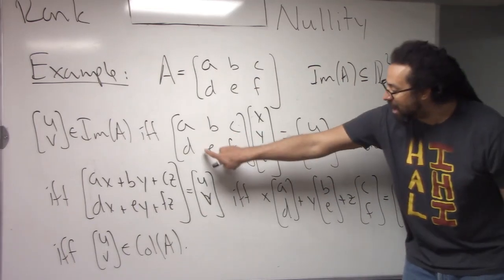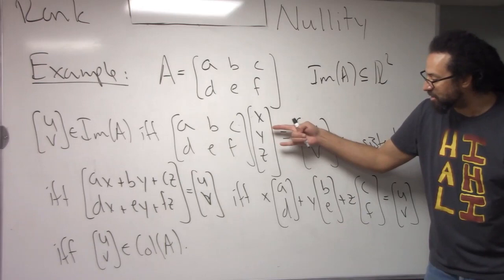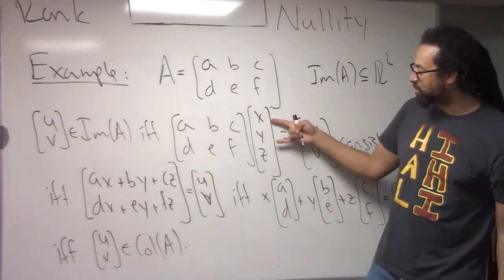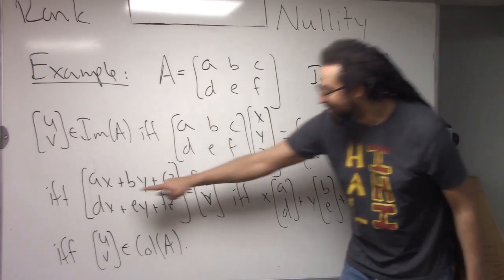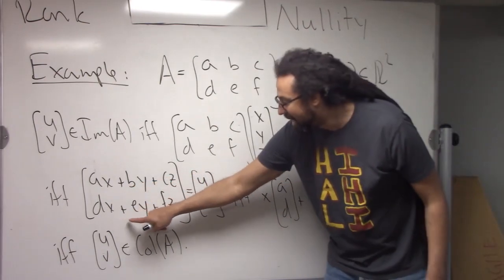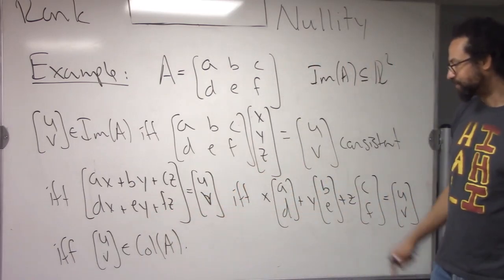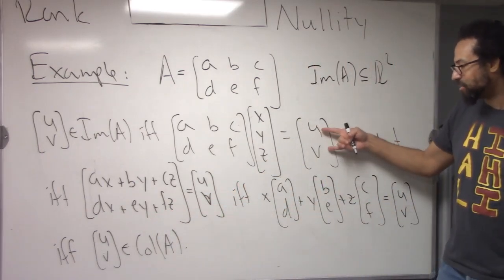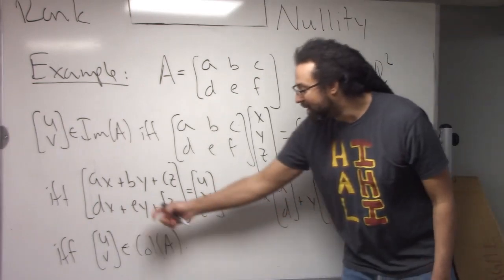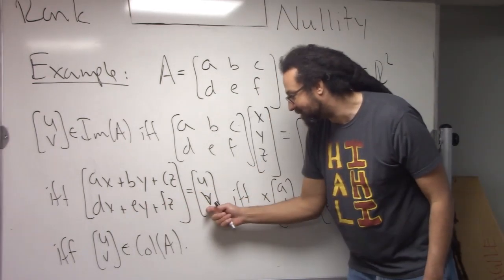So you can just multiply this matrix by this vector, and then you get ax plus by plus cz, and then dx plus ey plus fz. Now that has to be equal to the vector (u, v). So when is it true that this vector is equal to this vector?